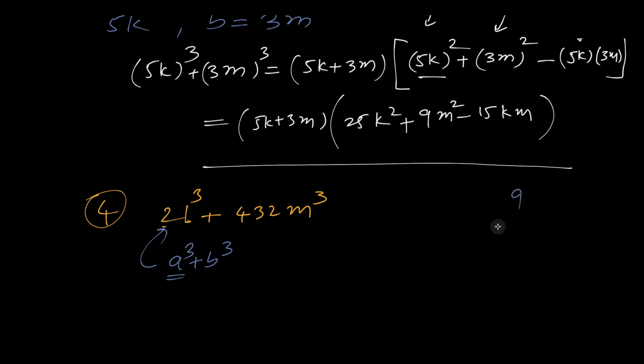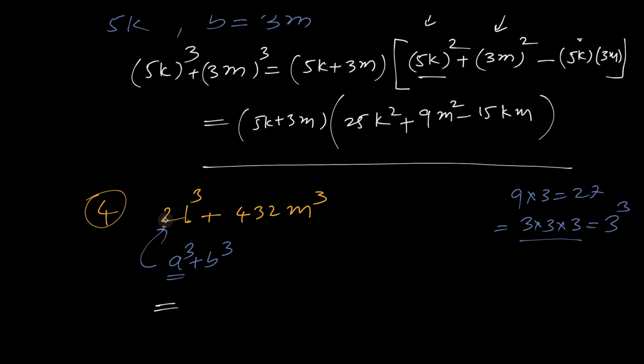Just like 9 is 3 into 3, and 27 is 3 multiplied three times, so we can say 3 cube, but we cannot find it like this for 2. This is a very tricky question, but we can solve it easily.